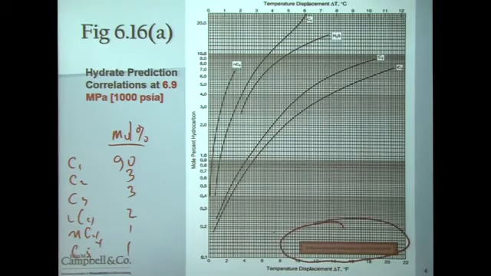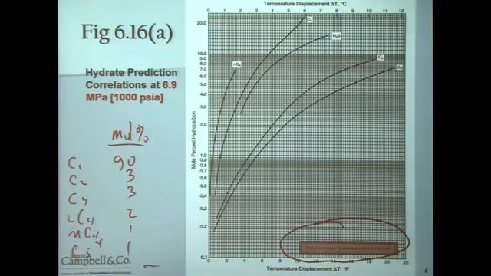Given this composition and this pressure of 69 bar, we can figure out the hydrate formation temperature at this particular pressure. It all starts with the methane hydrate formation temperature. This is called a temperature displacement method. At each pressure, you will see a different value for the methane hydrate formation temperature.